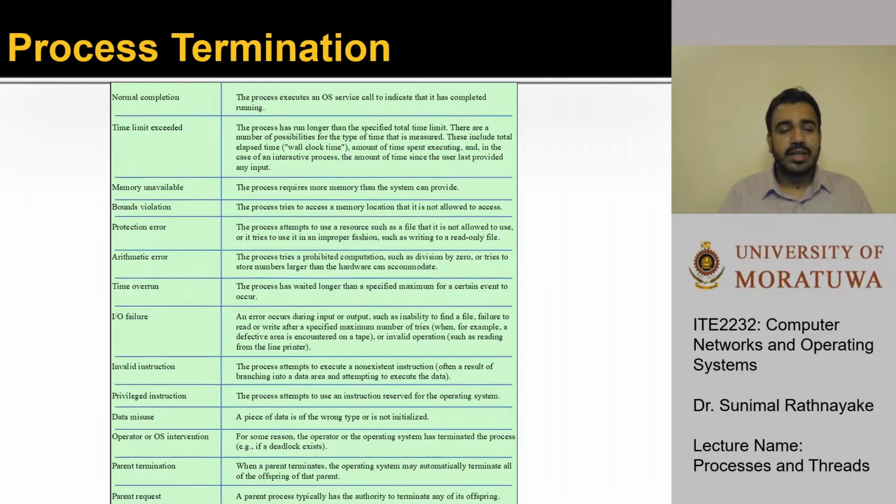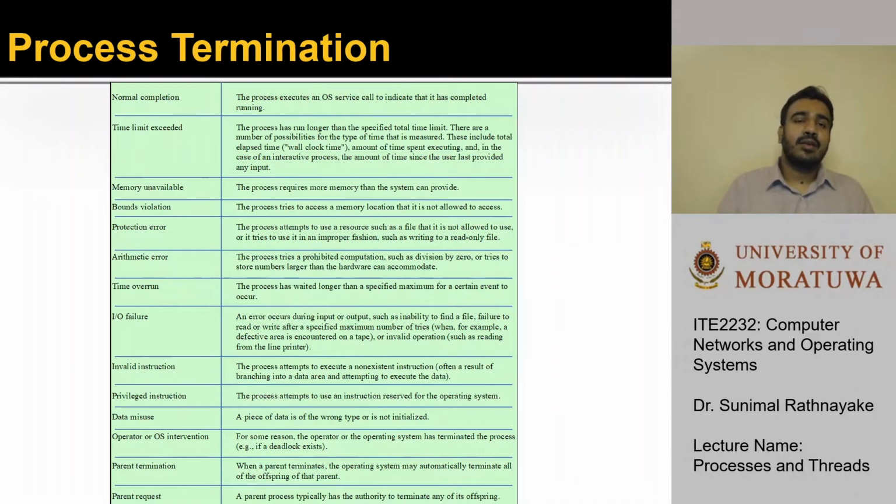A process may also be terminated by the intervention of the user or the operating system. For example, if there's a deadlock, you will learn about deadlocks in future weeks. For some reason, if there's a deadlock, like two or more processes waiting in a deadlock, it means they're not doing anything useful, they're just waiting for another process's action.